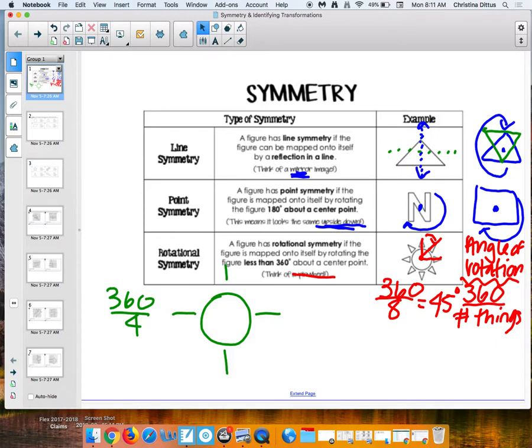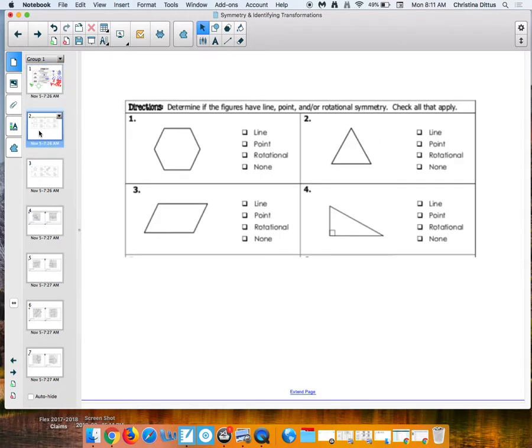Okay. So we're going to go through these and you're going to tell me if they have line, point, rotational, or no symmetry. If I look at number 1, my hexagon, can I draw a line down it and it will reflect on itself? Yeah. It doesn't matter how many, as long as I can come up with one, it has line symmetry.